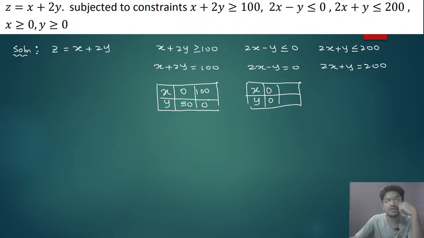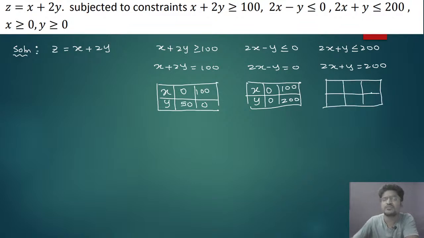That's why I will take x value as 100. See what will happen. If I take x value as 100, y will be 200. So whenever x is 0, y is 0, you have to choose the term from the previous box. So choose x equal to 100, put here 2 into 100 is 200. Therefore, y will be equal to 200.